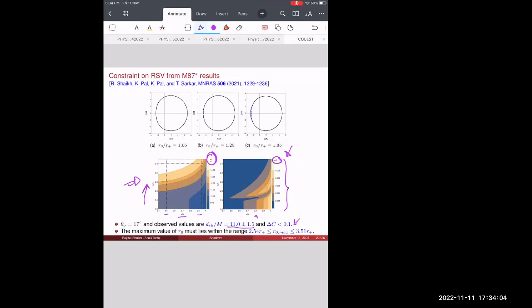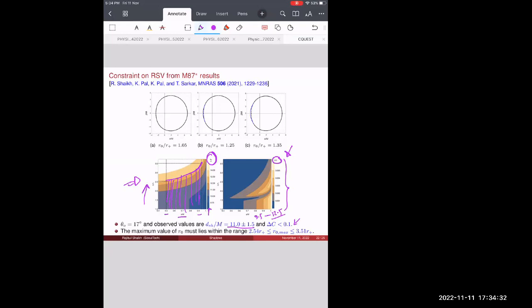This should be between 9.5 and 12.5. From the lower side it is always greater than 9.5, so we have to look at the upper side, and the 12.5 line is given by this. Then this is our allowed region.